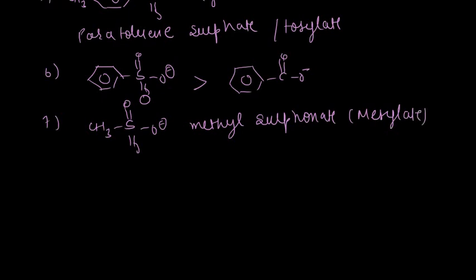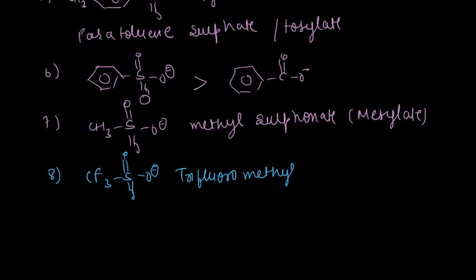Now we're gonna look at some more examples. Eighth, we have CF3, S double bond O negative. This is known as trifluoromethyl sulfonate, or it is also known as triflate.